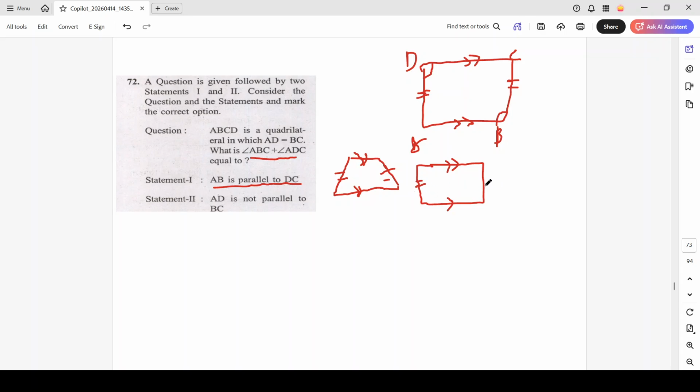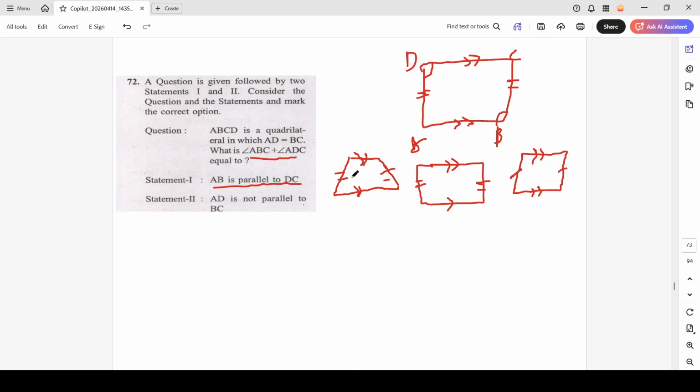Okay. And another case that we will have is a parallelogram. This is a parallelogram, which means this is parallel, this is parallel, and this is equal and parallel.